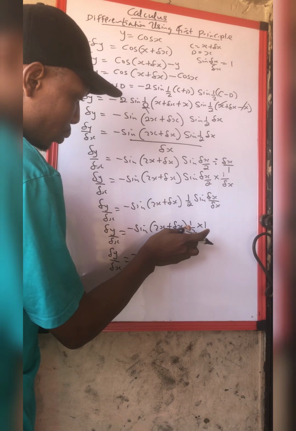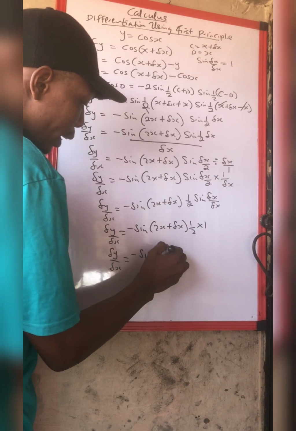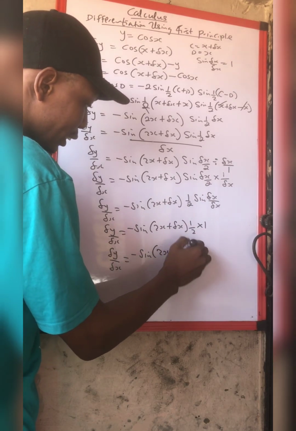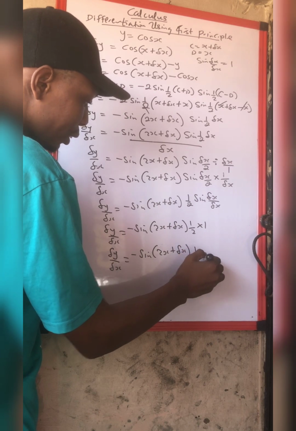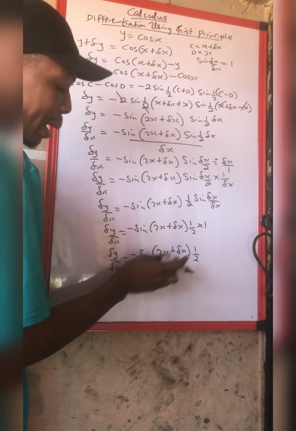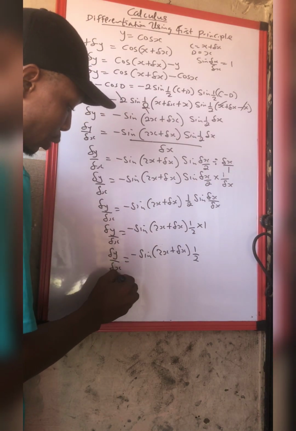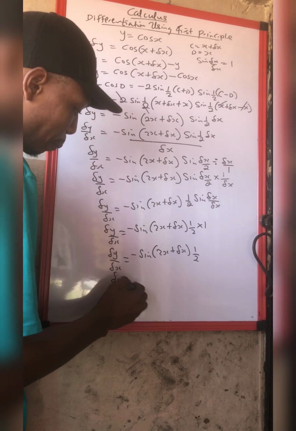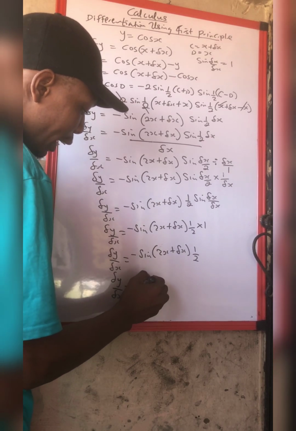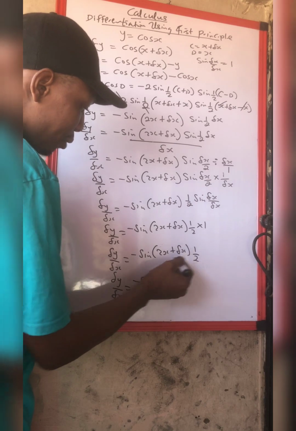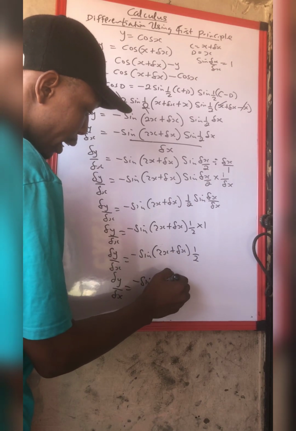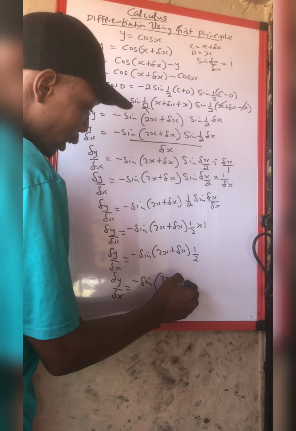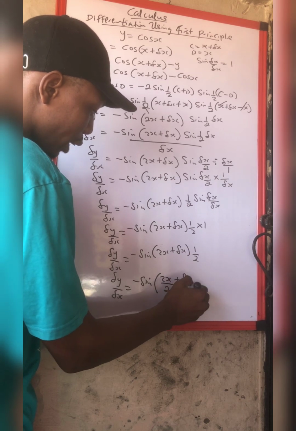So this is the same thing as change in y over change in x equals minus sin. Don't forget this 2 here: it is 2x plus change in x, then half. So everything here is affected by this half. So it becomes minus sin of half times this, which is 2x over 2, plus change in x over 2.